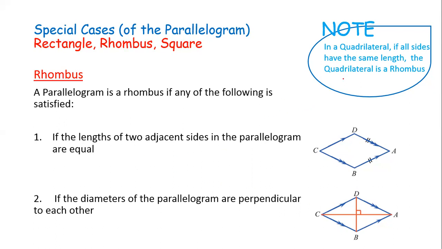The third case, if we have a quadrilateral, if we note that all sides have the same length in this quadrilateral, then the quadrilateral is a rhombus. So in this case, we can move directly from the quadrilateral to the rhombus.